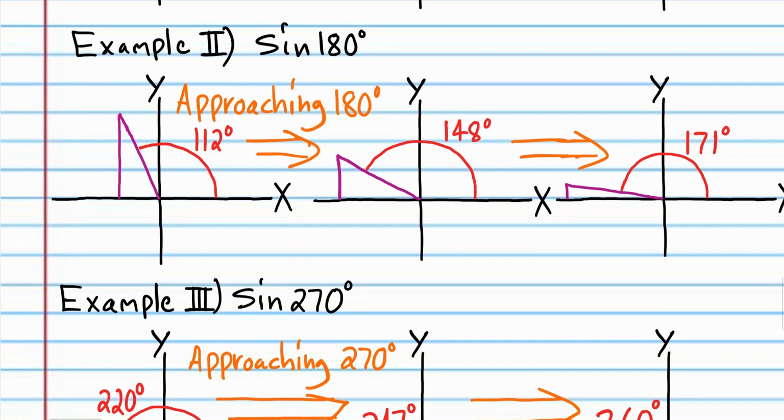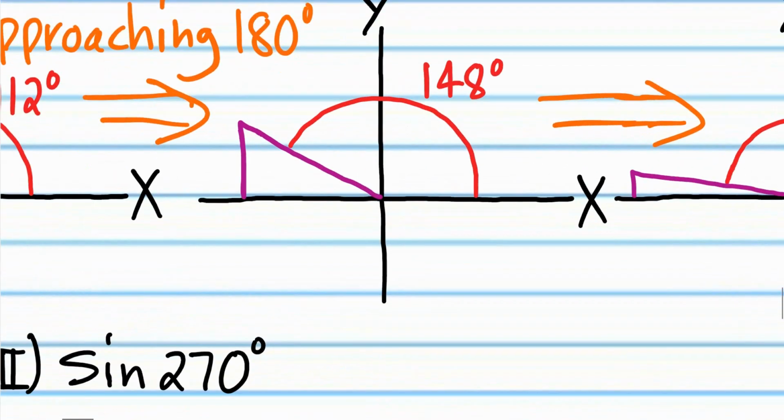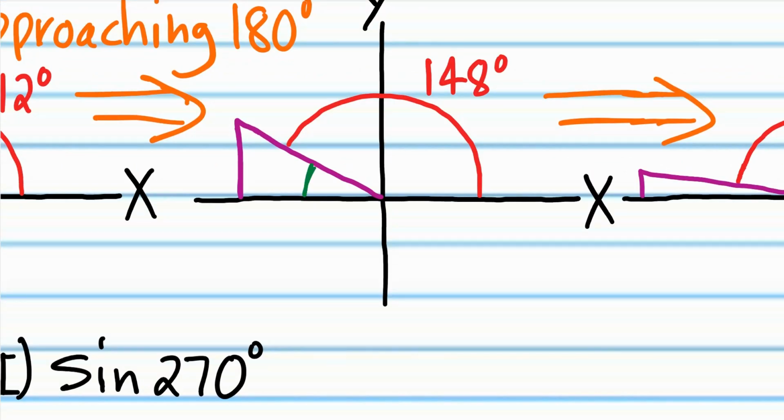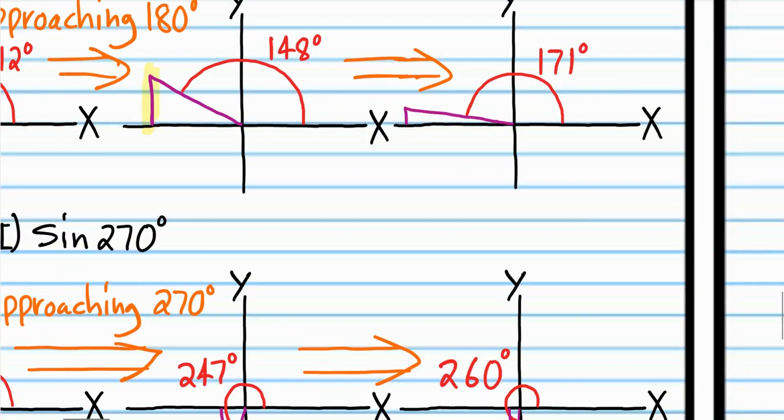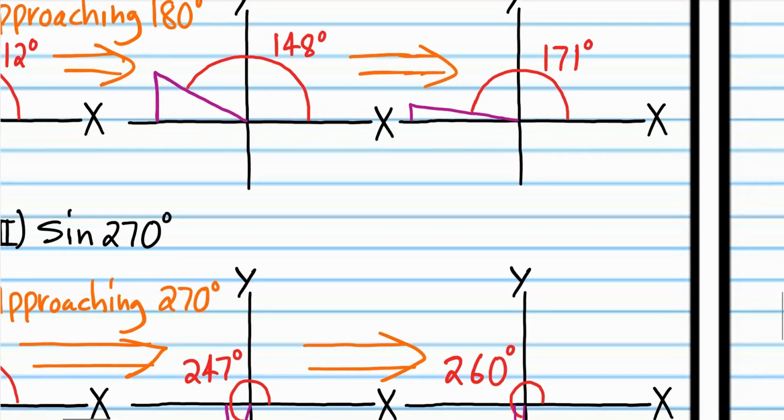So sine is defined as the opposite side of the reference angle, and in this case the reference angle is this green angle here. So the opposite side is this yellow side, and the hypotenuse is the green side. But look what happens as the angle approaches 180 degrees: the yellow side length is approaching 0. And so sine is the yellow side, the opposite side, divided by the hypotenuse.